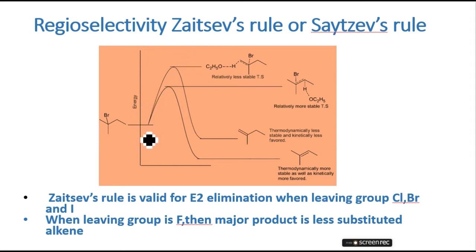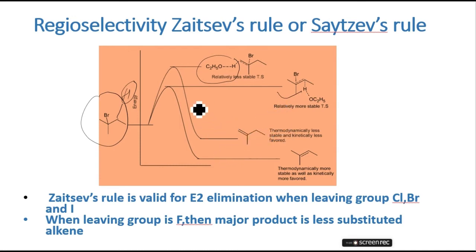We have taken this compound. This is the energy diagram. You can see there is lower energy required when this proton is abstracted from here, compared to the more energy required to abstract this proton. So this product is kinetically favored.